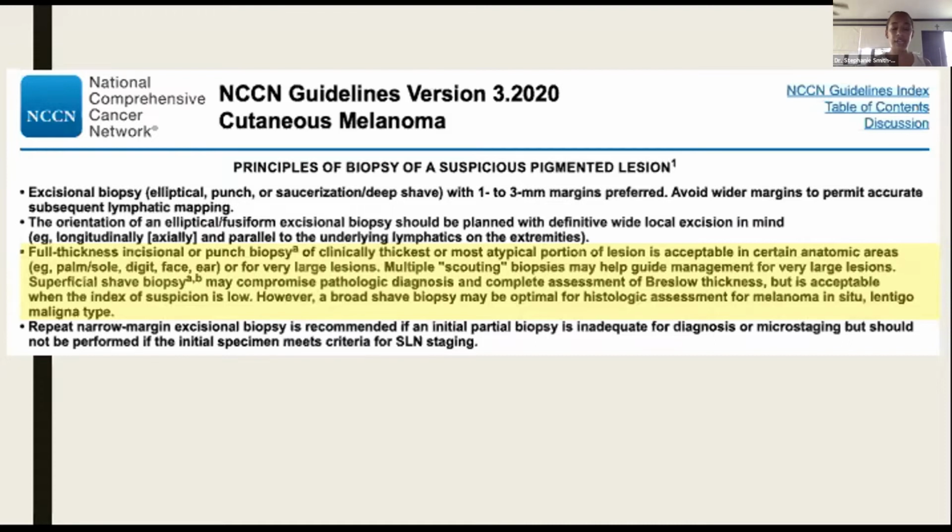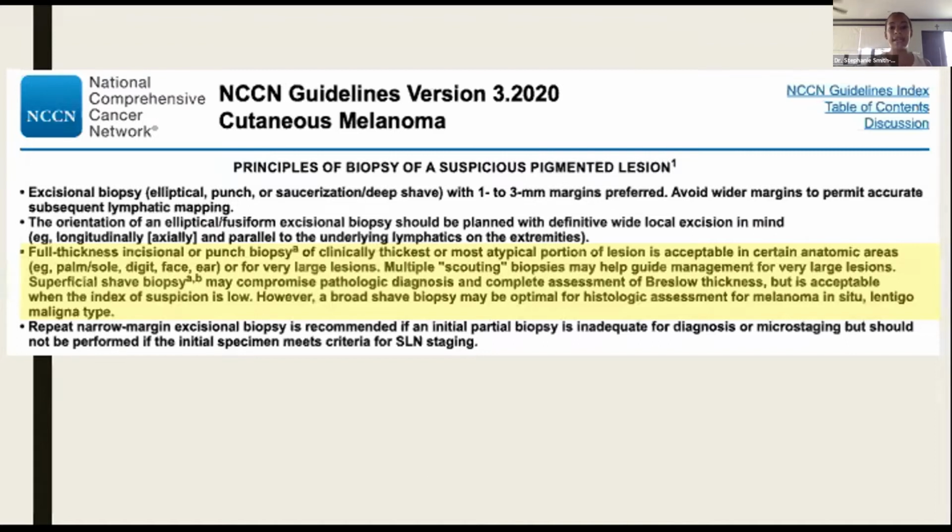So you have this very large lesion, you decide that you're going to do multiple scouting biopsies. So you'd want to include areas of the thickest portions of the lesion, the darkest portions of the lesion, and of course, if there's any areas of ulceration.